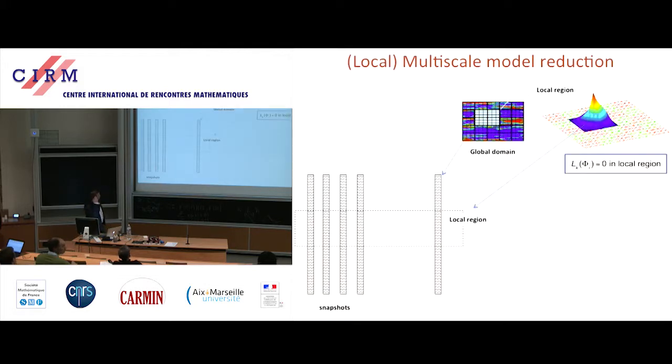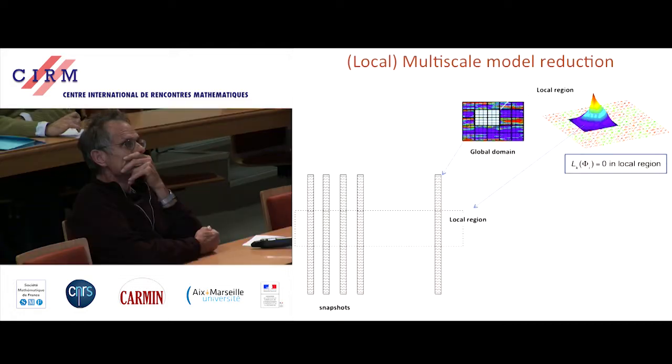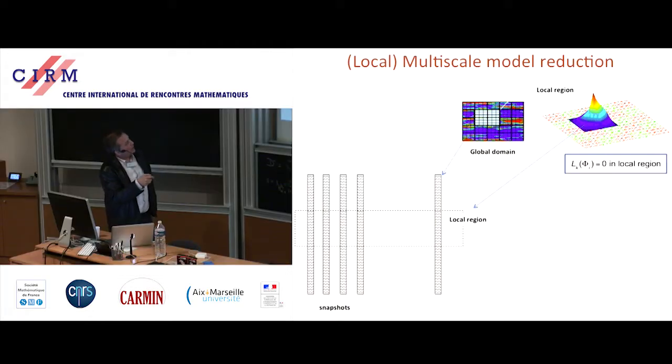So in the end, we have this local multiscale approach in which we basically end up solving for features on these finely described material parameters that depend only on a few degrees of freedom, but these few degrees of freedom are parameterized by some boundary conditions.